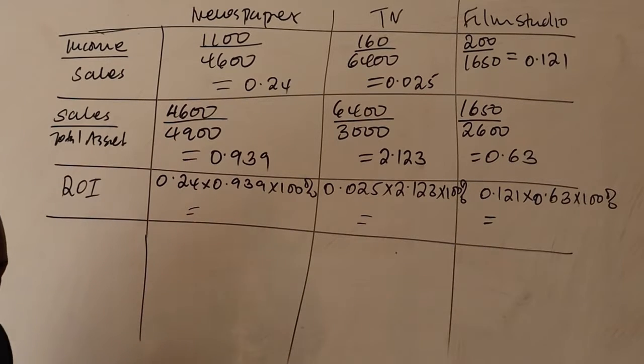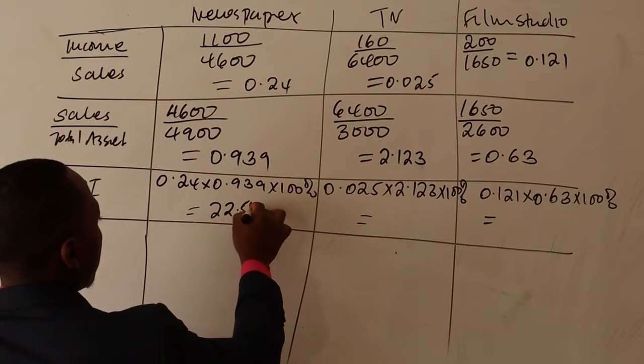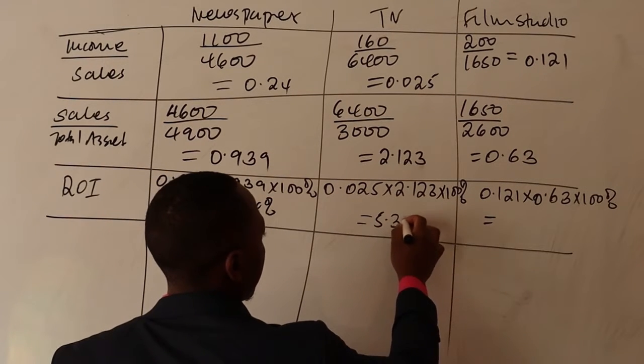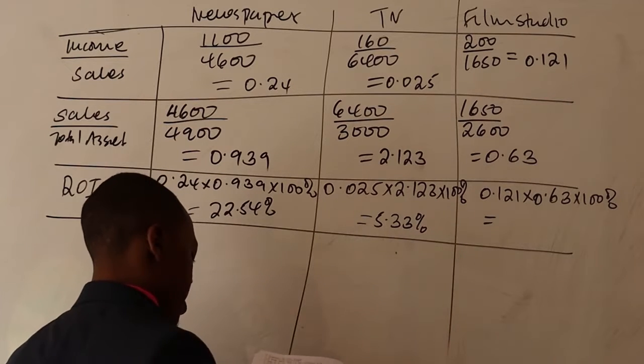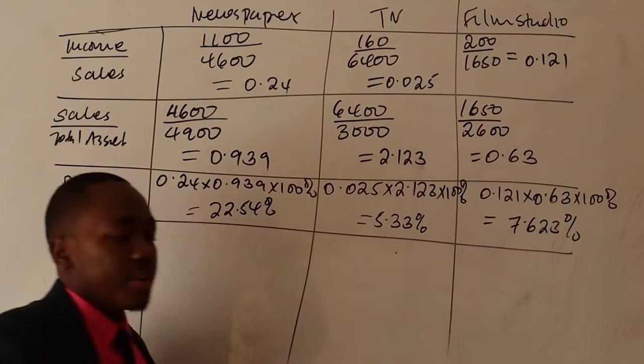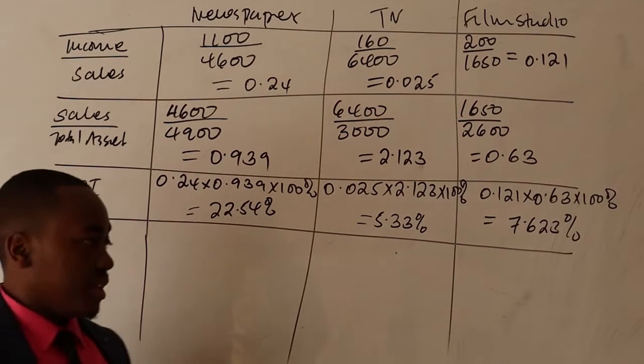And what do we get there? You'll have 22.54%. Here you'll have 5.33%, and there you'll have 7.623%. So that's what you got as your return on investment.